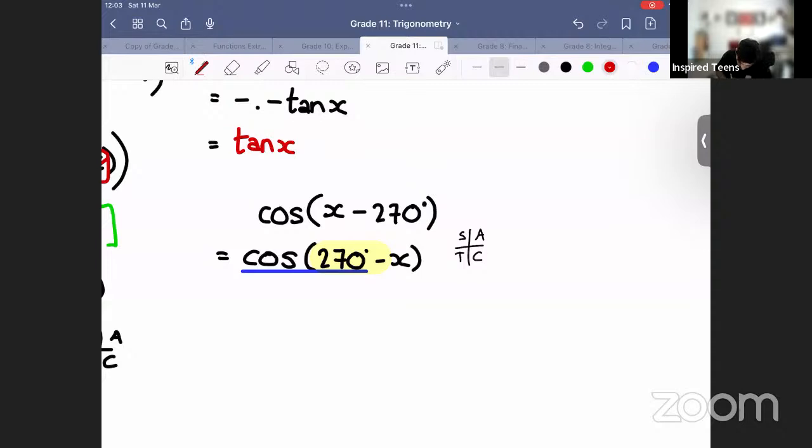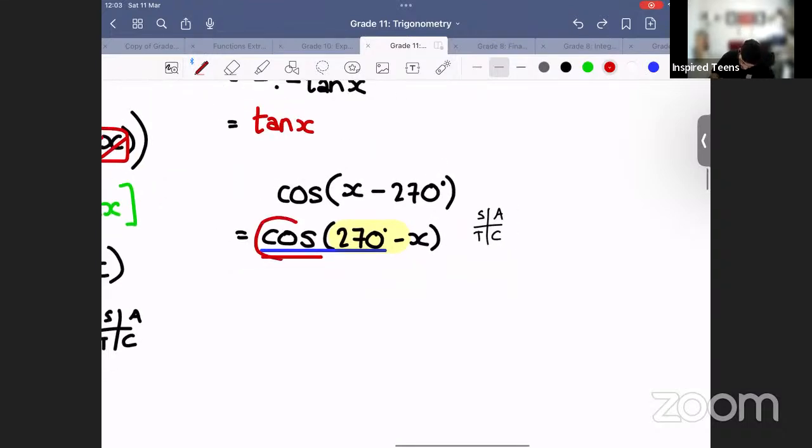I need to determine the numerical sign from the first trig ratio, because it's going to change to sine. I could have used 90 plus, but it doesn't matter. Remember, the first trig ratio determines the numerical sign. So here, 270 minus cos is negative, so I'm going to have a negative.